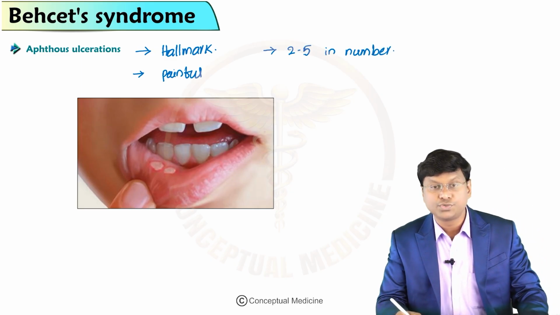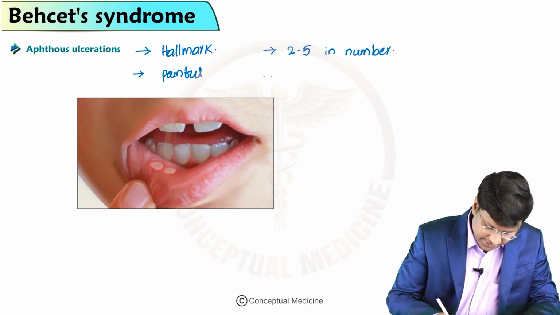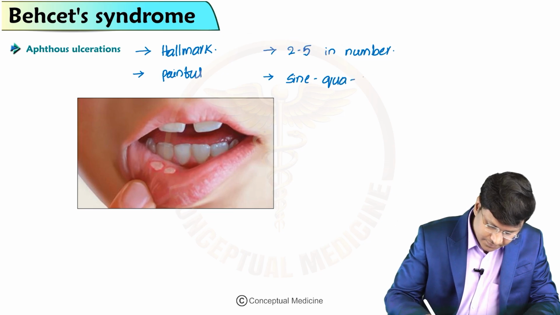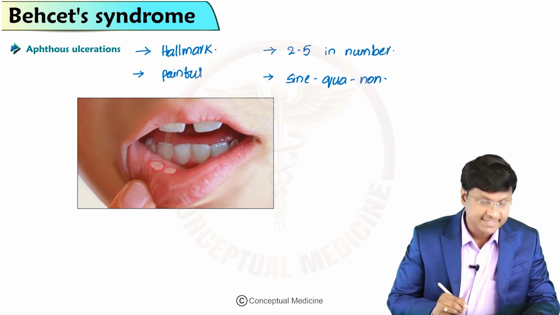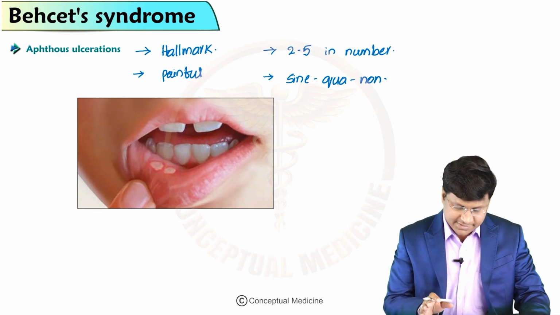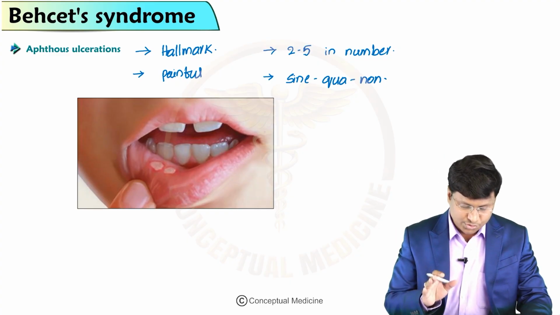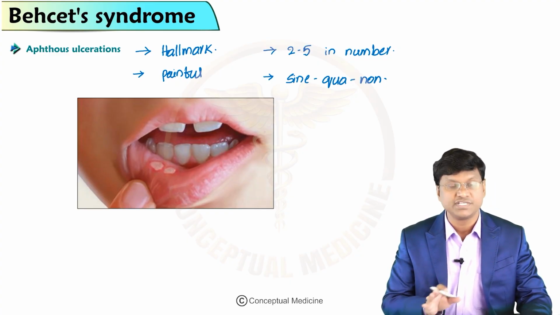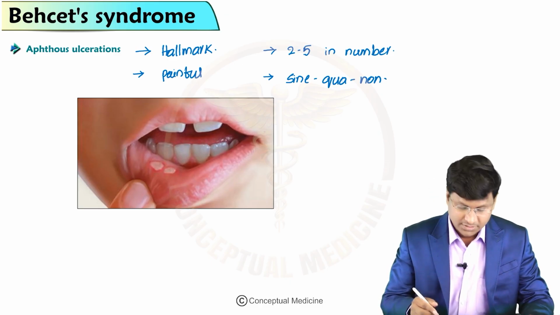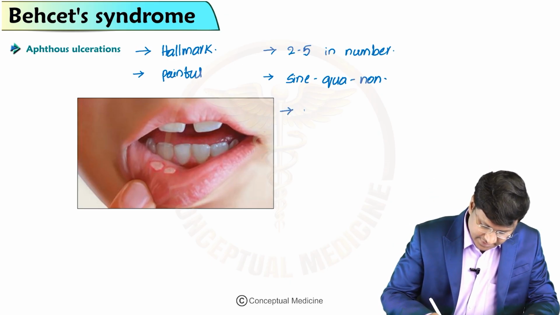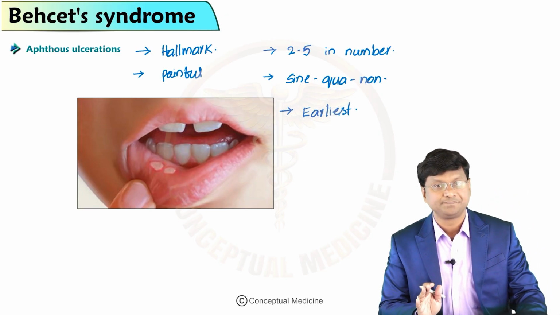And these recurrent oral ulcers are the sine qua non for the diagnosis of Behcet's. Sine qua non means these recurrent oral ulcers should be there to diagnose Behcet's. Without this, we cannot call it Behcet's. And it is these recurrent oral ulcers that are the earliest manifestation in patients with Behcet's.